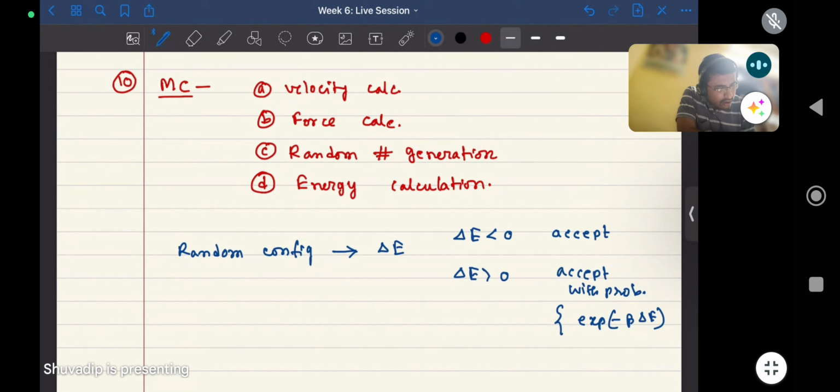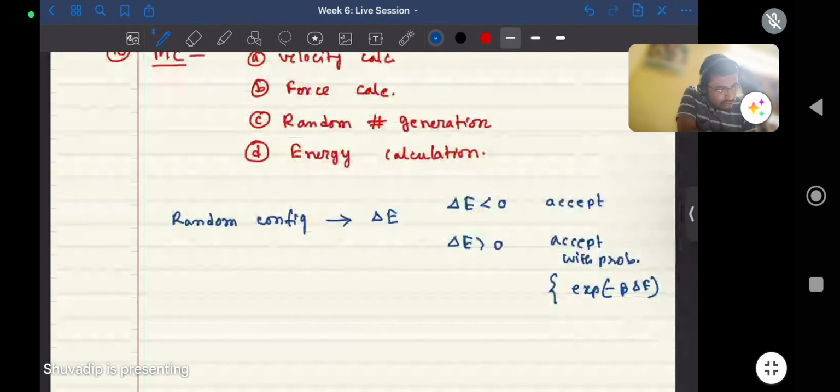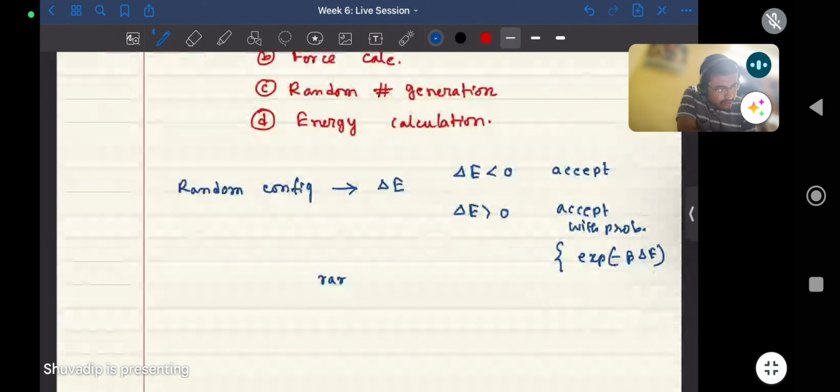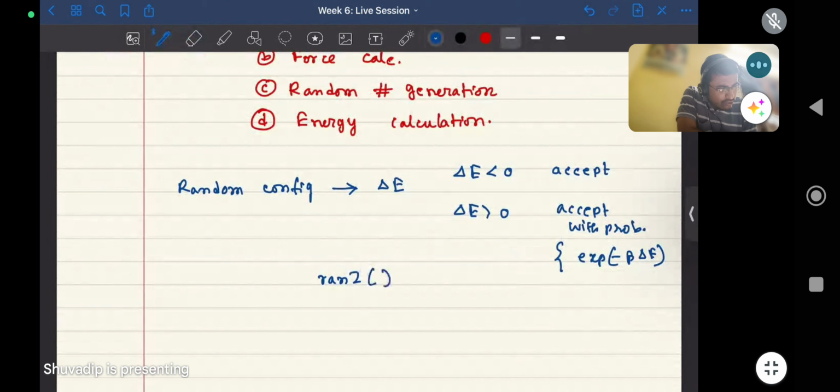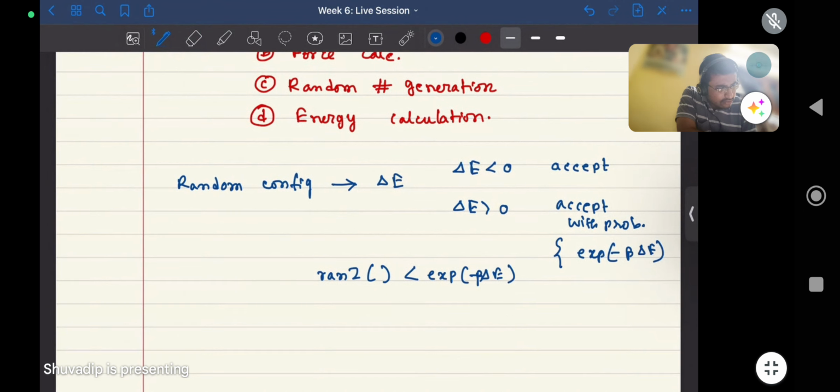When you are going to do this step, accept with probability exponential minus beta delta E, then computationally you have to generate a random number. So some kind of random number generator you have to use, some popular one like RAND2. If RAND2 is less than exponential minus beta delta E, then accept, and if it is greater than that, reject.